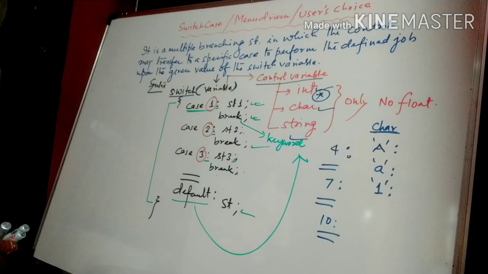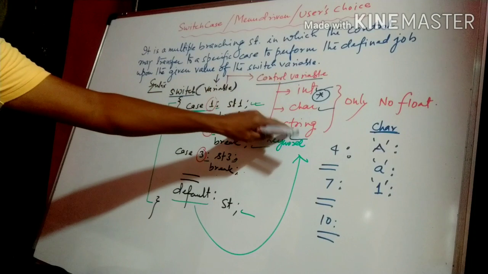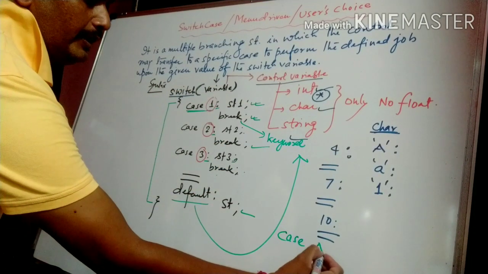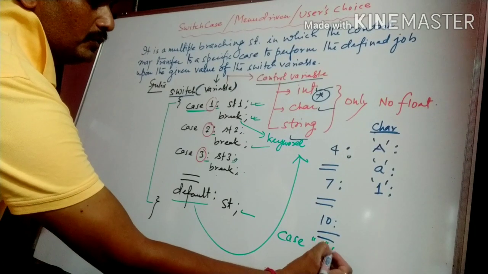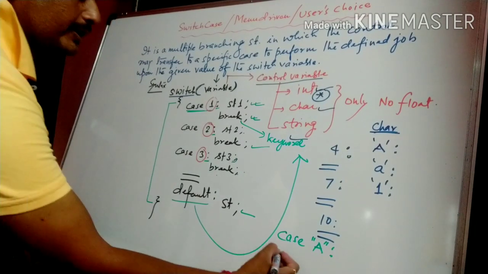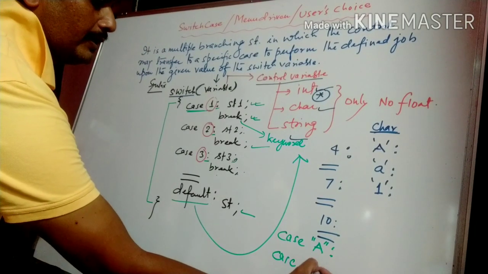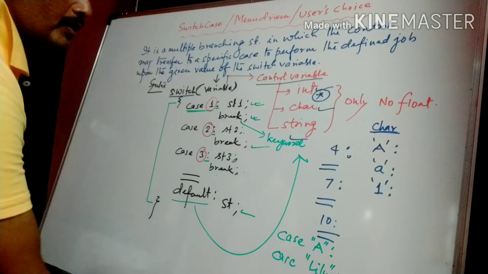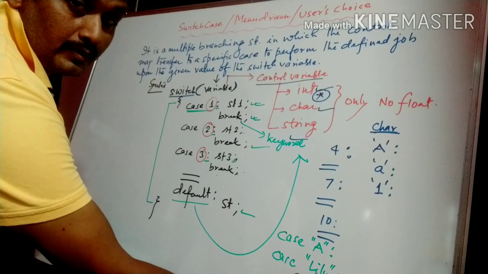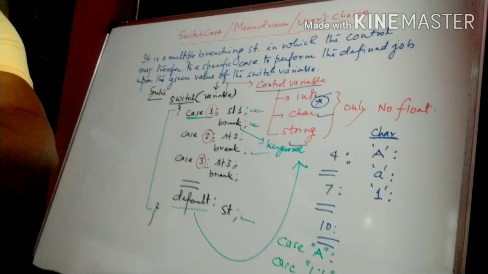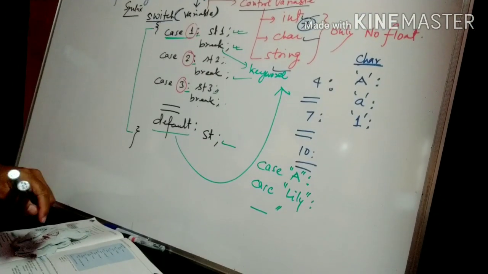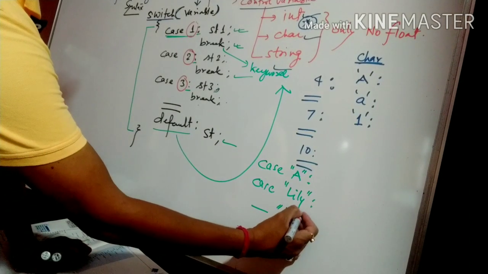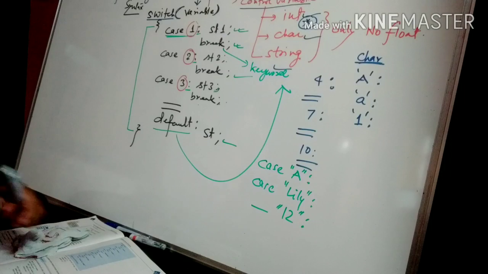And if your control variable is string, then you have to write case A within double quote, or you can write case LILY within double quote, or you can write 1, 2 within double quote.